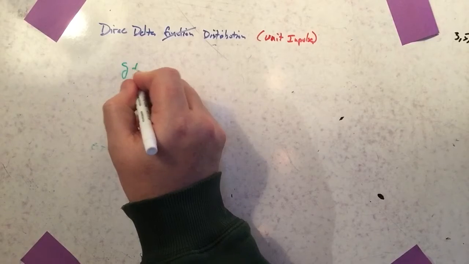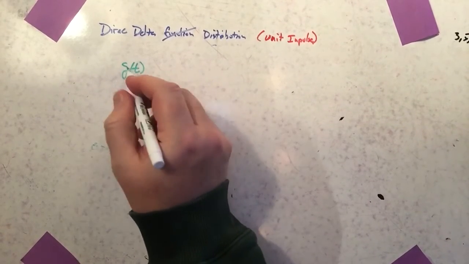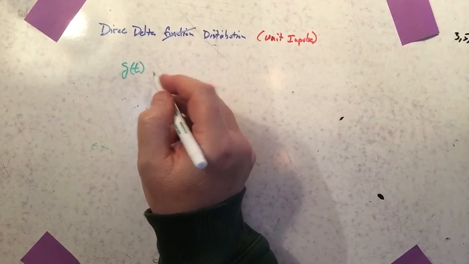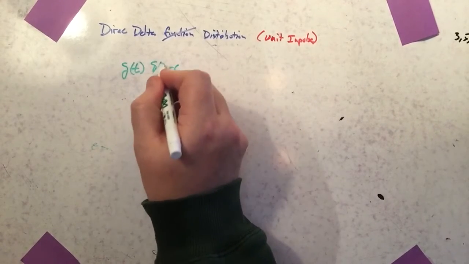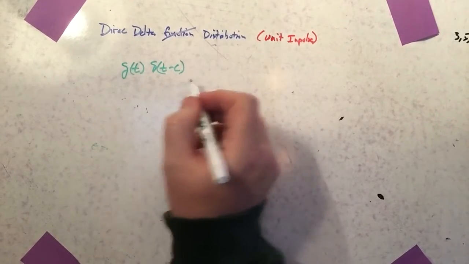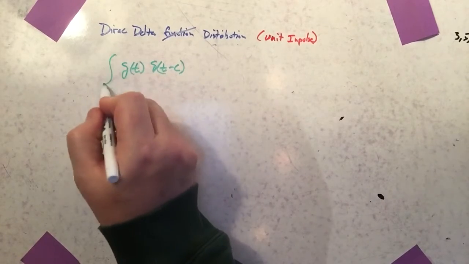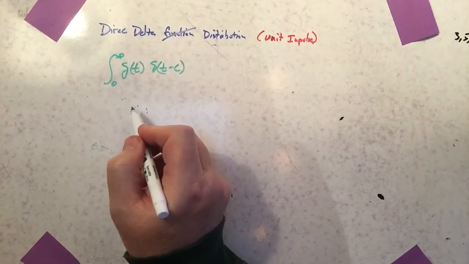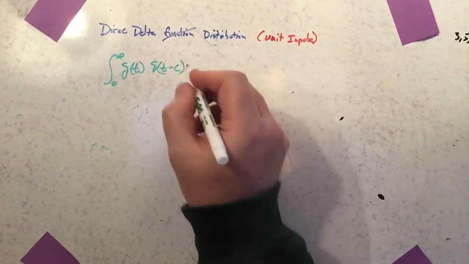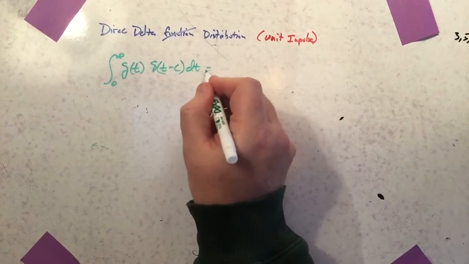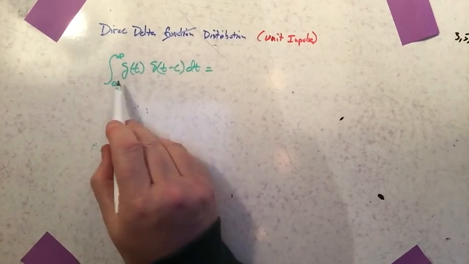So if I were to take g of t, just any general function of t, and multiply it by the Dirac delta of t minus c, what impact would this have on this function? Well, to see that, let's integrate from 0 to infinity g of t times the Dirac delta at c, dt. Well, you can see this is really interesting.